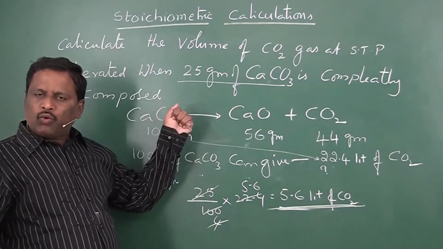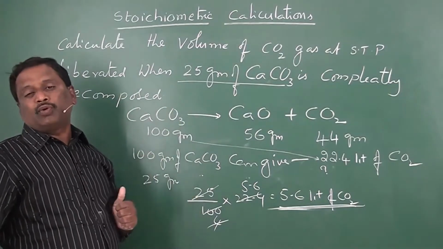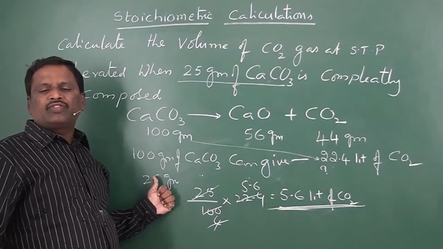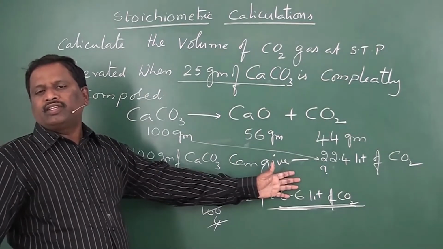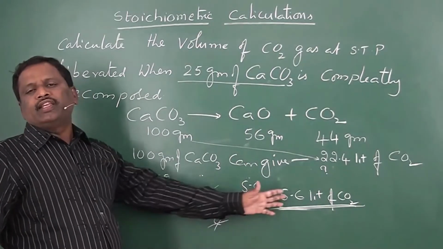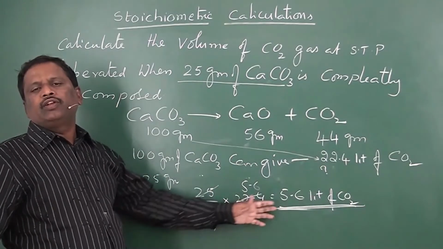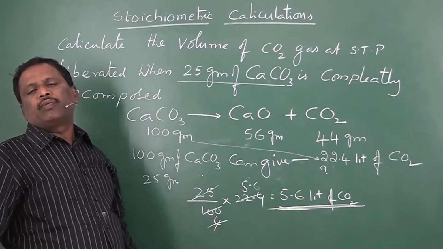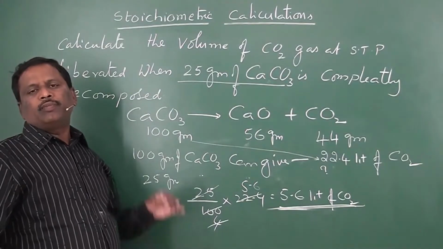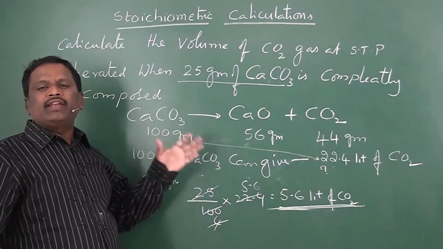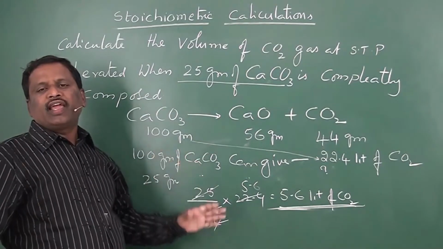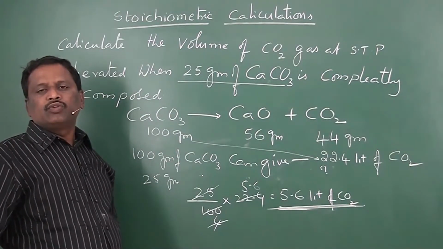Now they are asking the volume when 25 grams was decomposed. If 100 grams of CaCO3 is decomposed, it produces 22.4 liters. For 25 grams, how many liters? 25 by 100 into 22.4, that is 5.6 liters. So 5.6 liters of CO2 gas is liberated in the complete decomposition of 25 grams of CaCO3.